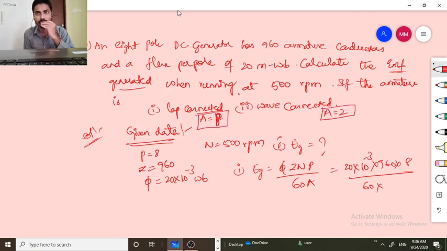So here we substitute A equal to P, where P is nothing but 8. So 8 gets cancelled. So we calculate the remaining, and what is the EG value? You should calculate and tell me. The EG value will be 160 volts.